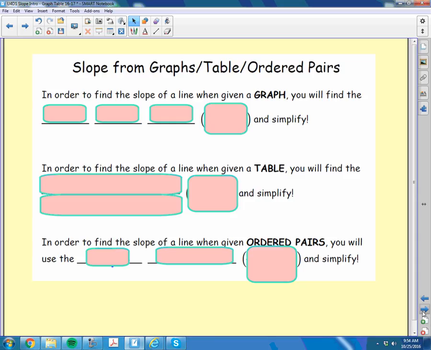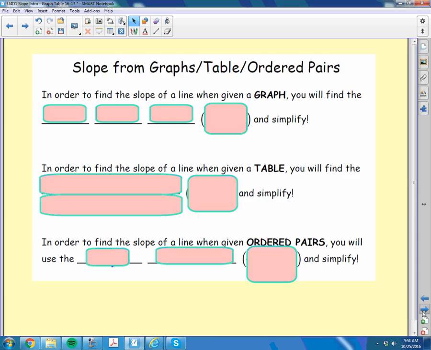But slope is an interesting measurement because it is a ratio, something over something, right? Rise over run, change in y over change in x. That's how you measure the slant of a line. It has to be a ratio of how fast it's going up over how fast it's going over. That tells you how slanted it is, okay?